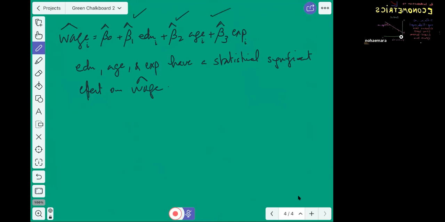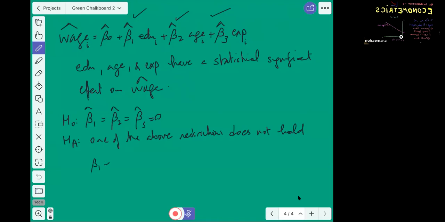So the null hypothesis would be that beta 1 is equal to beta 2 is equal to beta 3 is equal to 0. And my alternative is that one of the above restrictions does not hold, right? Or you can write it as beta 1 is not equal to 0, and/or beta 2 is not equal to 0, and/or beta 3 is not equal to 0.